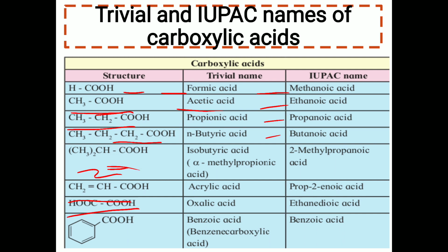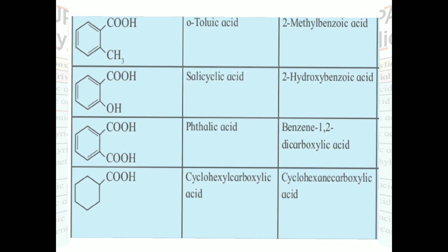Now when there are 2 carboxylic acid groups attached to each other, that is COOH COOH, then the general name is oxalic acid, and the IUPAC name is ethane dioic acid. As we see, we have to use the word dioic acid. Now when a COOH group is present on a benzene ring, the name is benzoic acid.